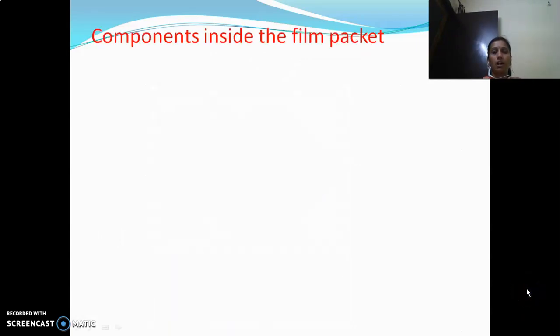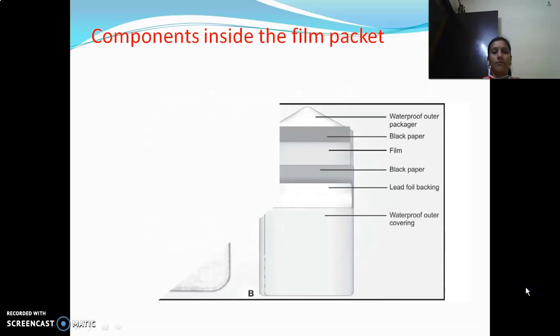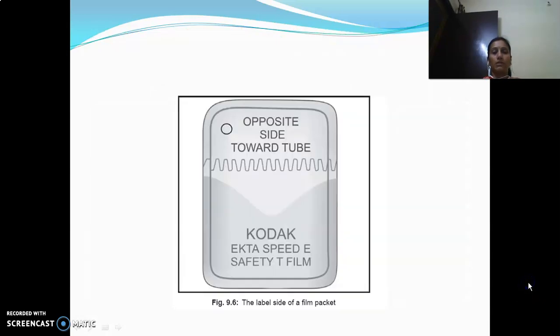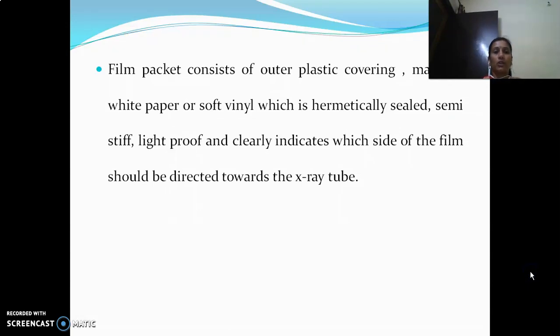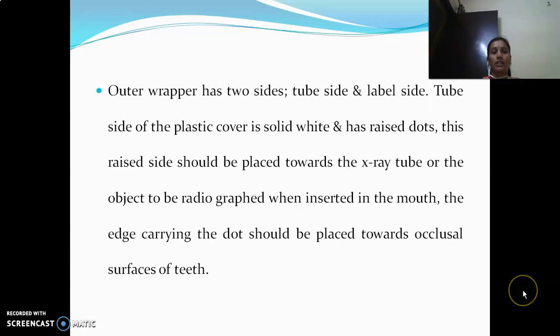Coming to the components present inside the film packet, there are mainly 4 components. The first is the outer plastic covering, which is made up of white paper or soft vinyl, which is hermetically sealed, semi-stiff, light-proof and clearly indicates which side of the film should be directed towards the X-ray tube.